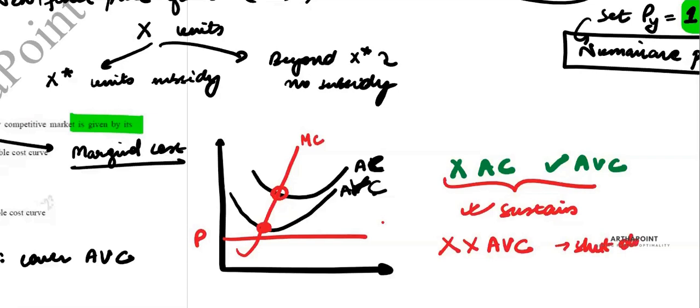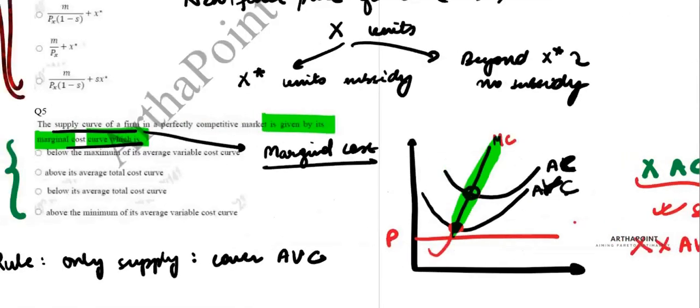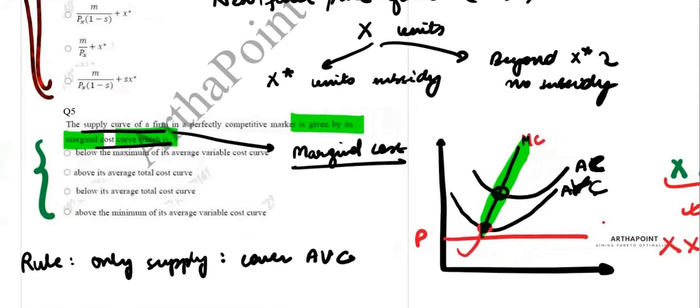It's the shutdown point. So only this part of the curve, which is above the average variable cost, is the supply curve of the firm. So the answer is above the minimum of the average variable cost.